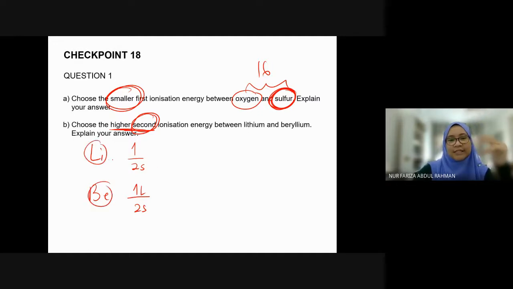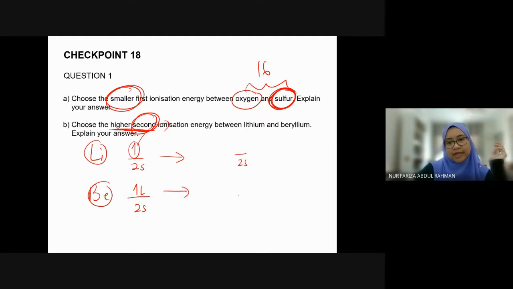Bila lithium remove one of its electron, dia remove dekat situ, ini buang. So 2s akan jadi kosong. This will be easier to remove compared to 2s.